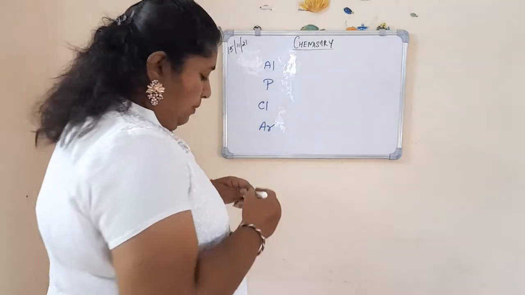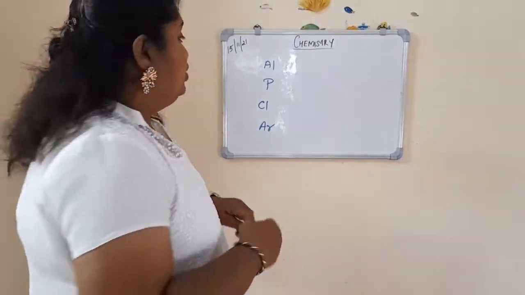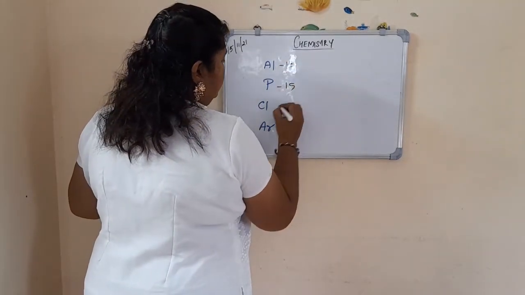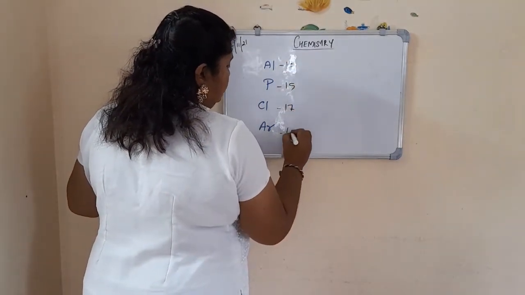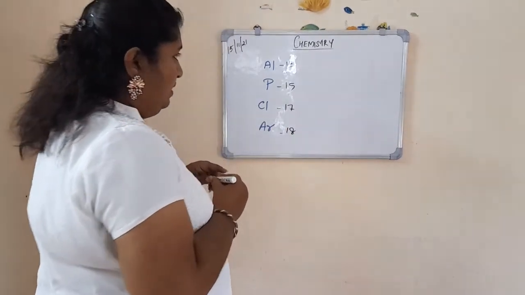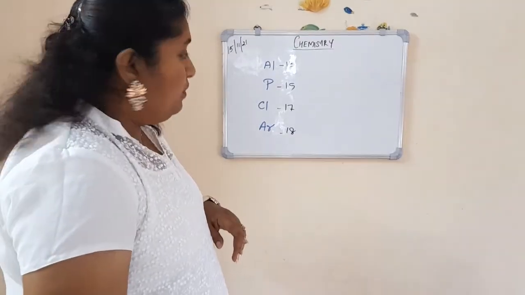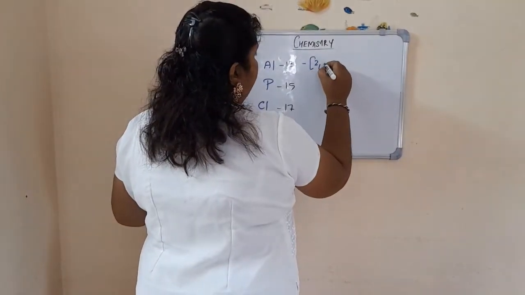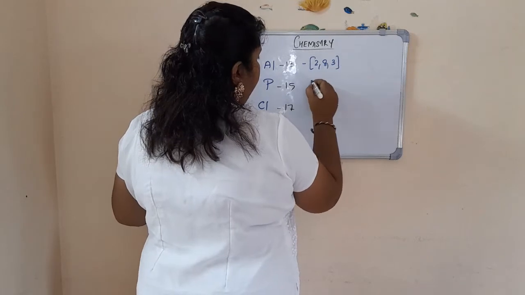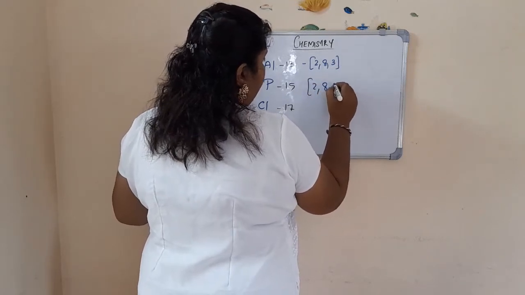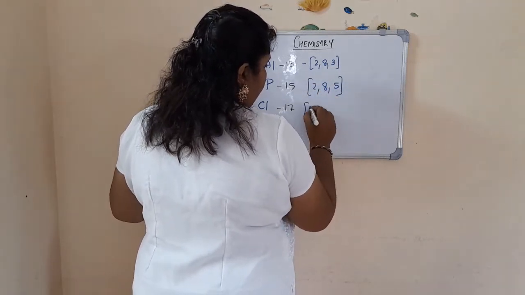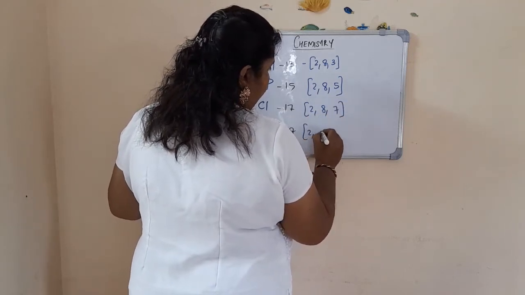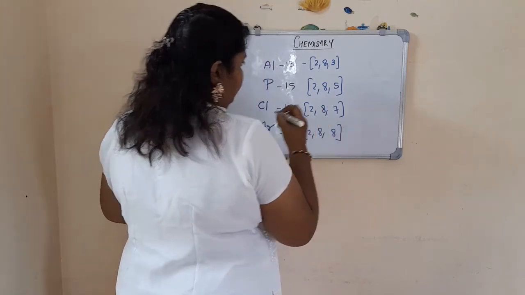Here I am going to write the atomic numbers: 13, 15, 17 and 18. These are the atomic numbers of some elements. Now I am going to write the electronic configuration. See, 2, 8, 3; 2, 8, 5; 2, 8, 7; 2, 8, 8.